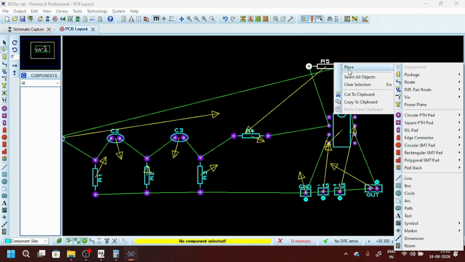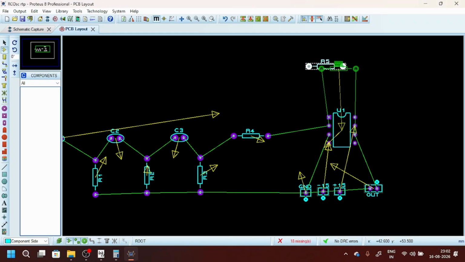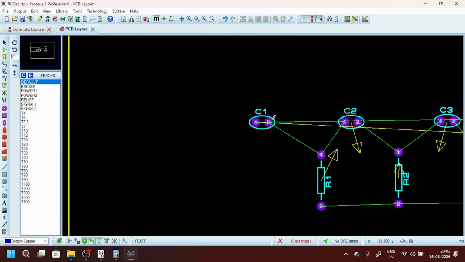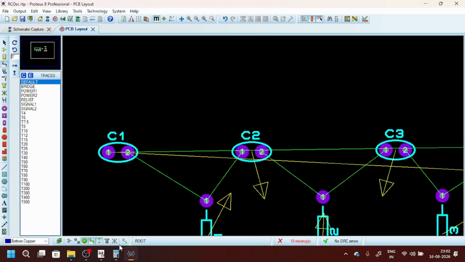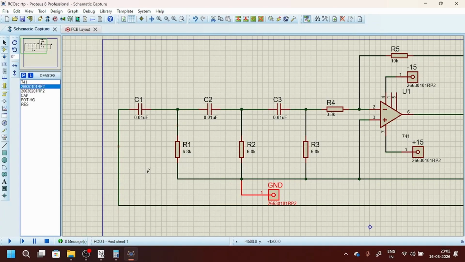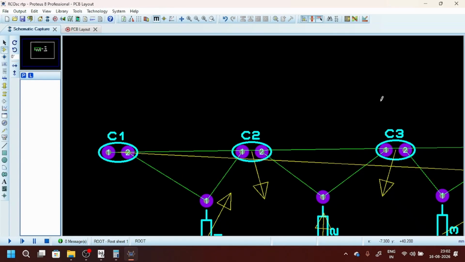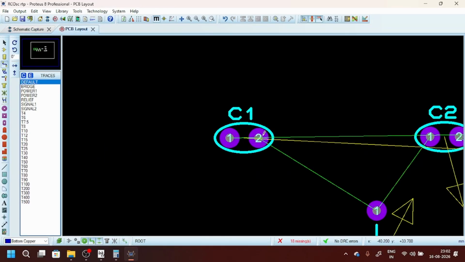Simply what I have to do is go into the track mode. Now I have to start connecting the components. So yes, the very first pin number 1 is going to be connected to the output of PCB, I mean 7205.